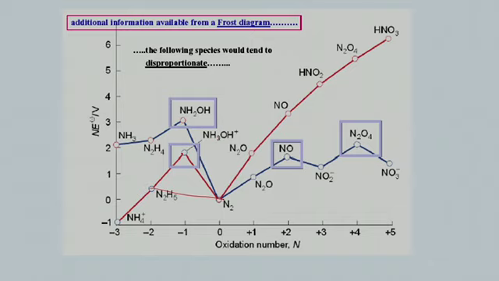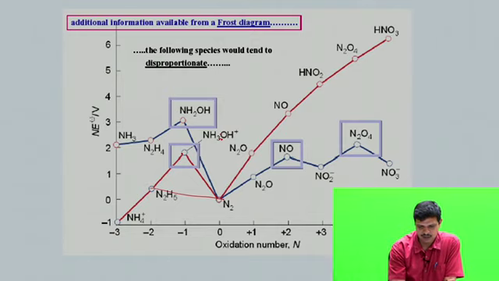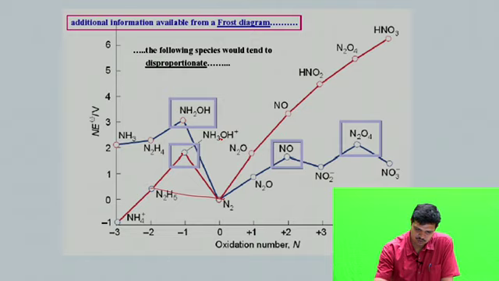So, this one, NH4, is unstable with respect to disproportionation reactions. And also this one, N2O.